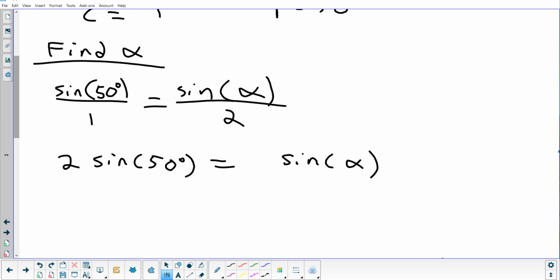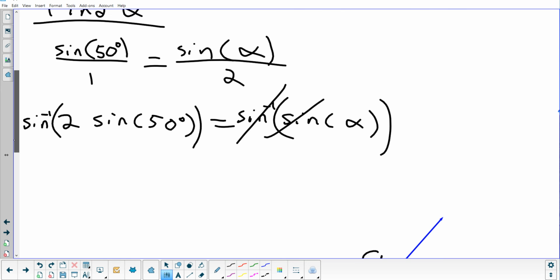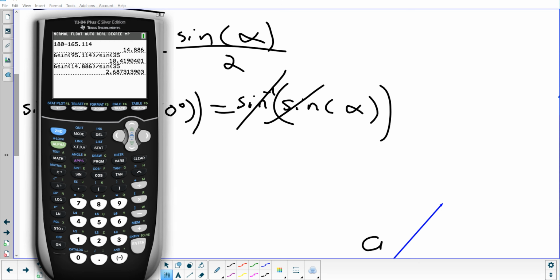And what do I do for my last step before I type it in? Okay, inverse sine on the other side. Good. I'm going to do the inverse sine on each side. That's gone. And let's see what happens. So inverse sine of 2 sine 50.